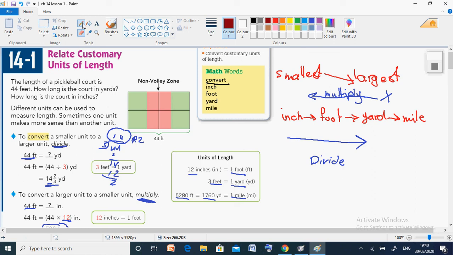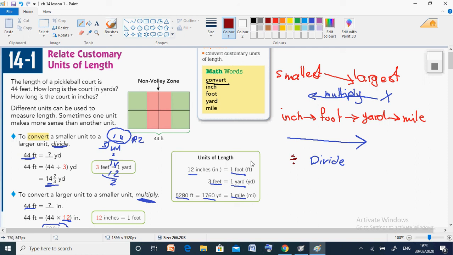So here we have to divide, right? Again, from smallest to largest we have to divide, from largest to smallest we have to multiply.